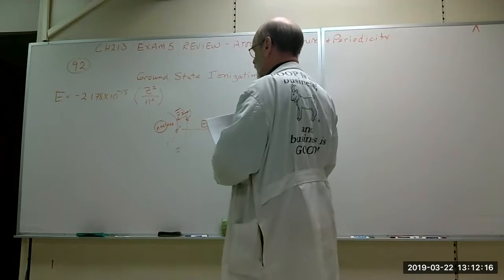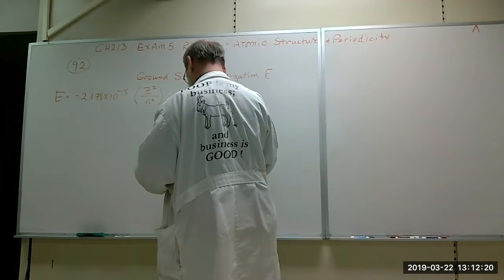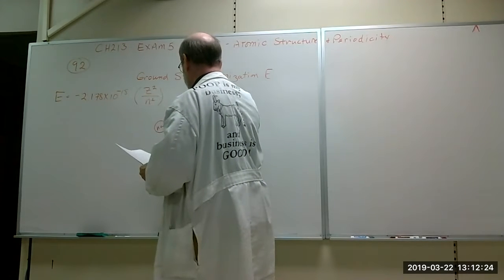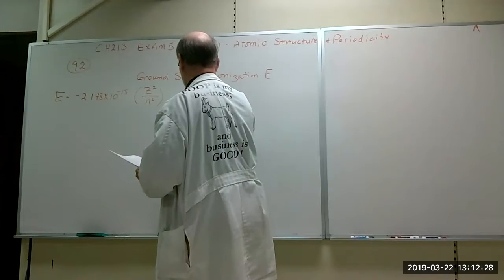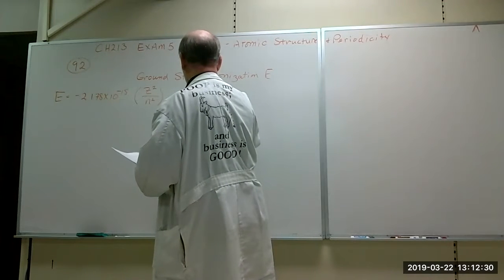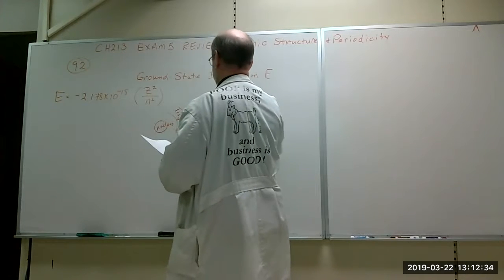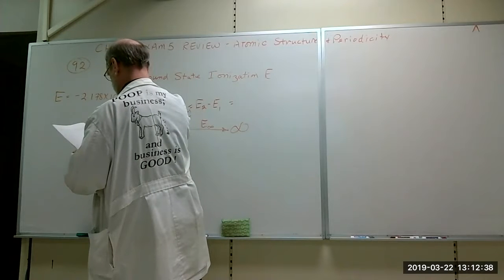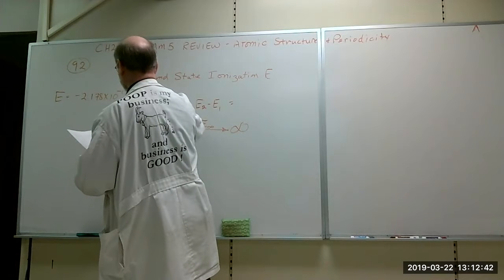In order to calculate 2 to 1, we need the energy of 2 minus the energy of 1. This one would be 1 because it's hydrogen.